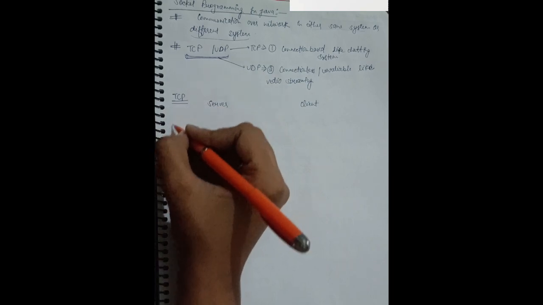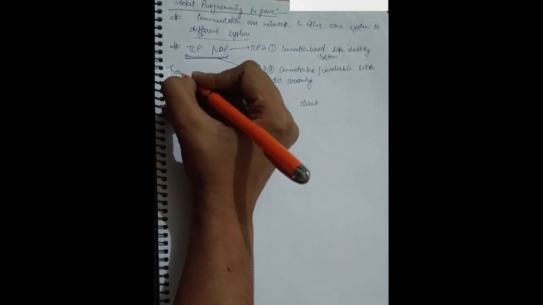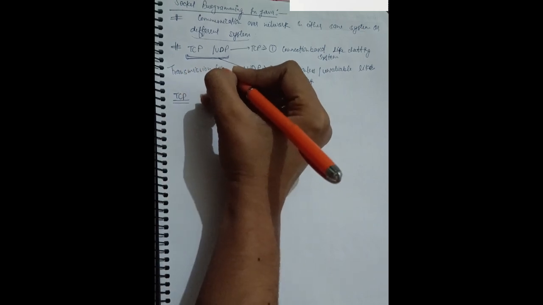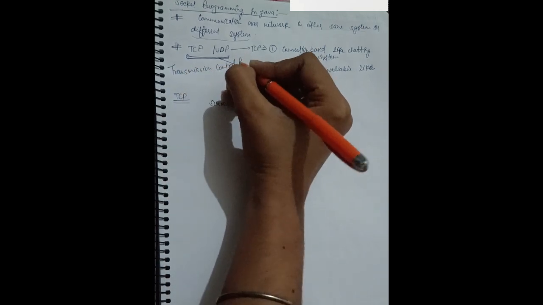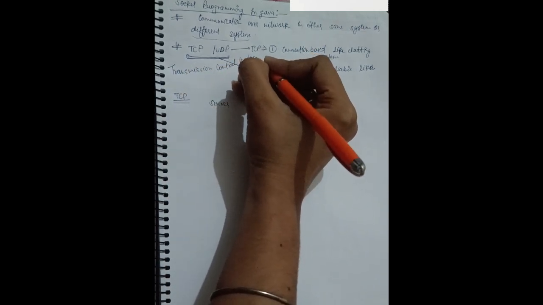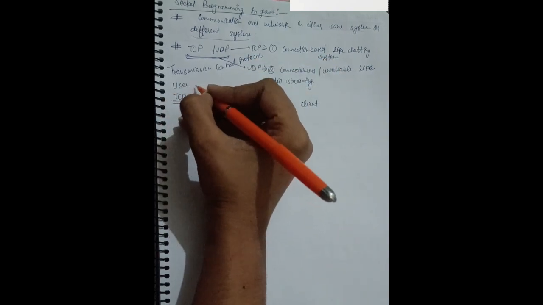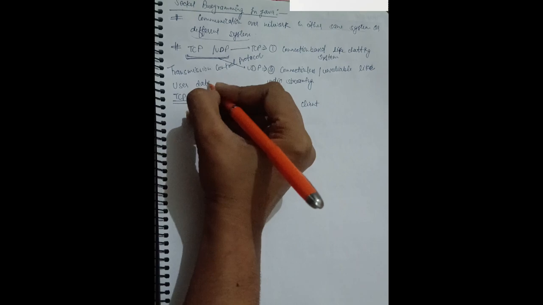TCP is Transmission Control Protocol, and UDP is User Datagram Protocol.